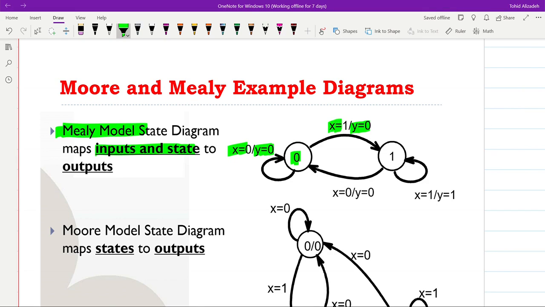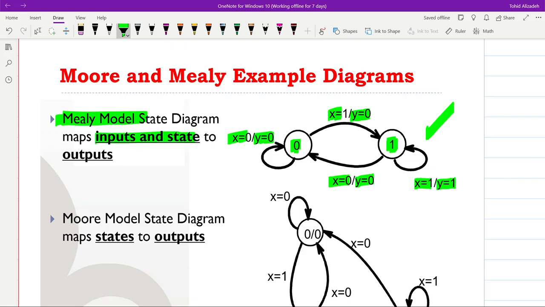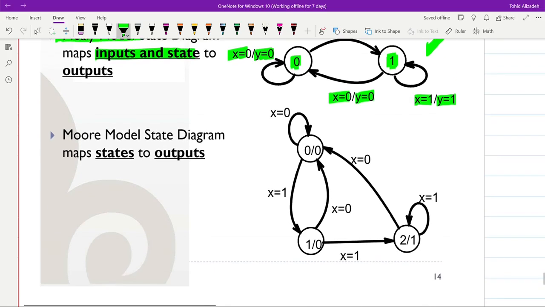Alternatively, we can combine them into the Moore case here. And in the second case, when we are in state number 1, if x is equal to 1, y is equal to 1. When x is equal to 0, y is equal to 0. So in general, for this case, the outputs depend on the states and on the inputs.